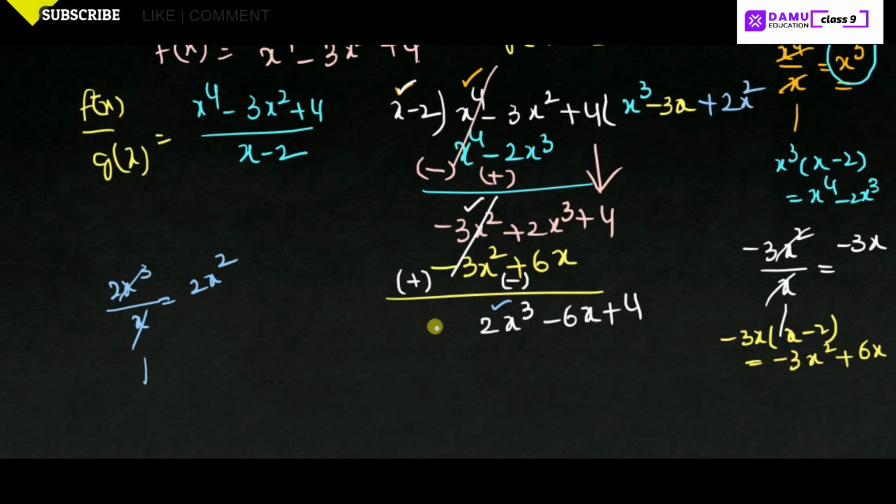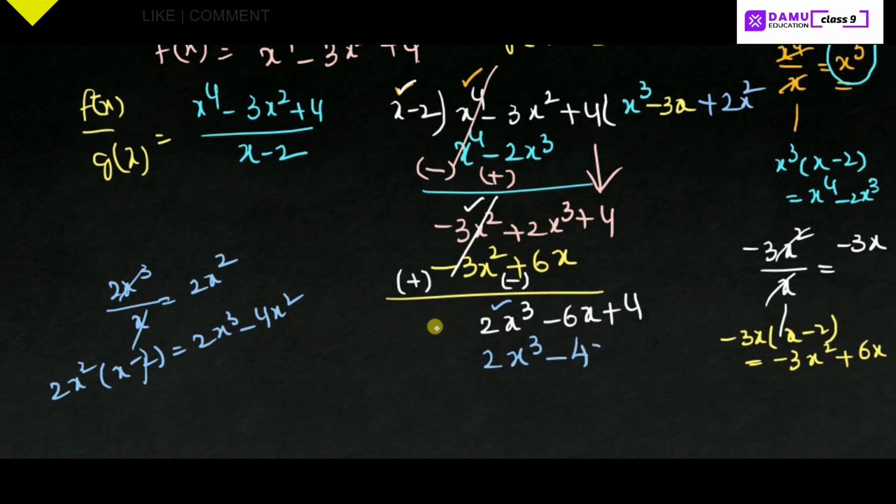So plus 2x square into x minus 2 gives 2x cube minus 4x square. So we have to change the symbols for the lower one. Plus will become minus, this one will become plus. Then 2x cube will cancel. Then you will get 4x square minus 6x plus 4.